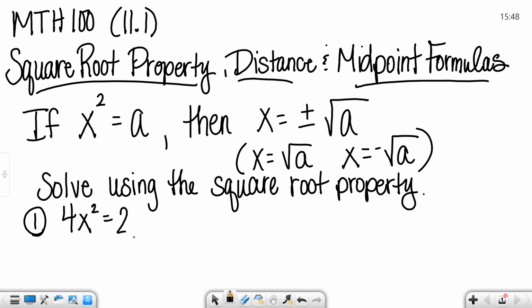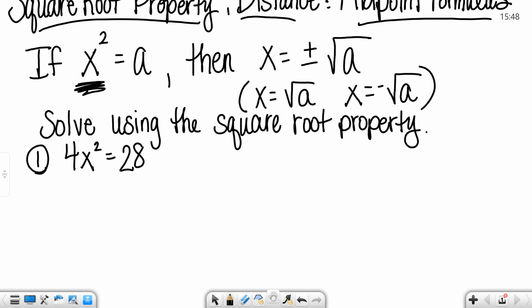Remember, I just said there are other ways we could solve it, but I want us to use the square root property. So, in order to use the square root property, we've got to get x squared alone. All right, so in this number 1 right here, I need to divide both sides by 4. And I get x squared is 7.